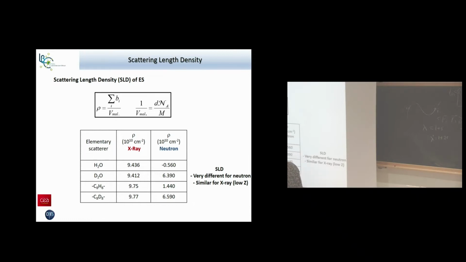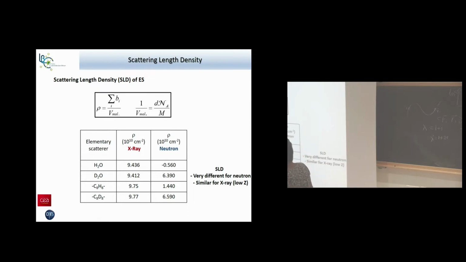Yes, because I will come back to what I call the contrast. With X-ray, there is some scattering, there is some scattering density, but we need a contrast with the media. So I will come back later on to this notion.